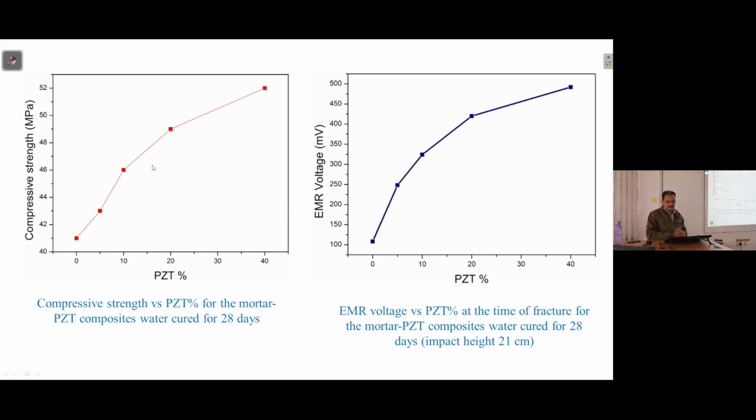So this is, in a way, a promising result, in the sense that when we try to incorporate some kind of sensor with the structure, as I mentioned earlier, it is likely to affect the properties of the base material or base structure itself. Now, if we mix this PZT into this mortar mixture and it is giving better strength, then at least it is affecting in a positive sense.